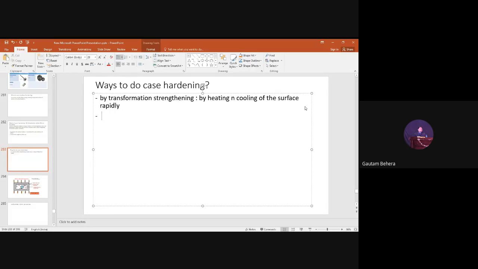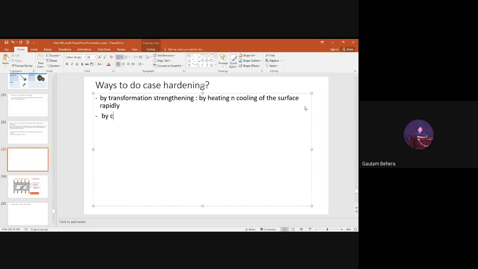There is another way which we'll discuss in detail, that is by changing the chemical composition of the surface only. As I told, we are not bothered about the core, we are basically bothered about the surface. We have to increase the hardness or wear resistance of the surface, so we can change the chemical composition.